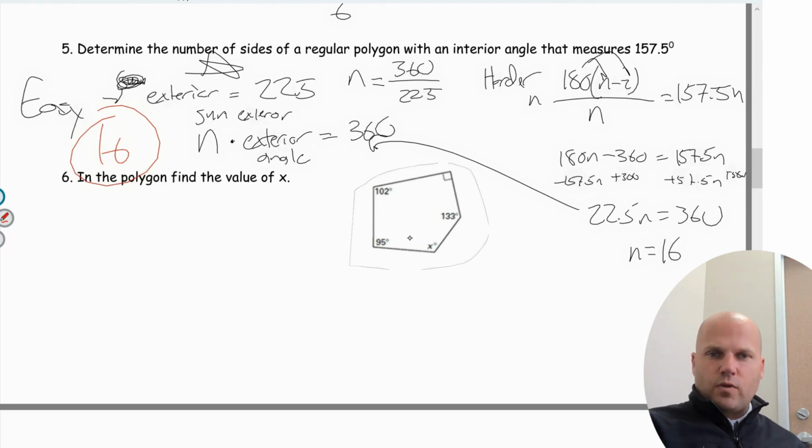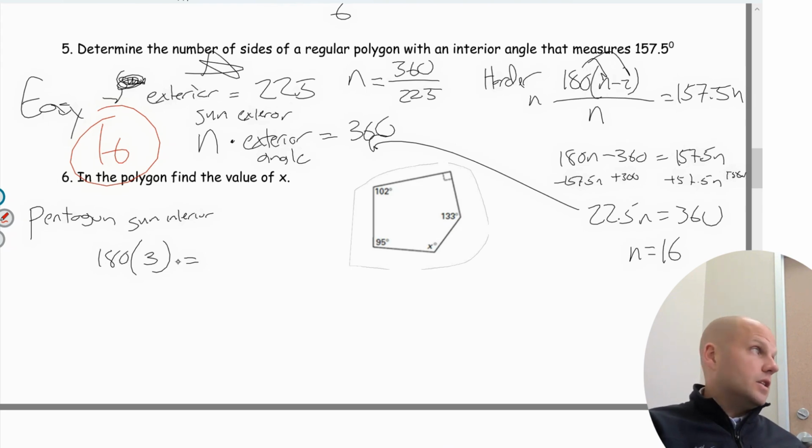Okay, 1, 2, 3, 4, 5. It's a pentagon, which means it's got 3 180s, which means this is going to be the sum of the interior. And 3 180s is 540.